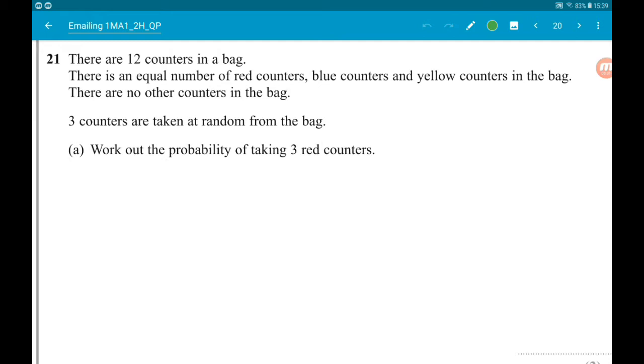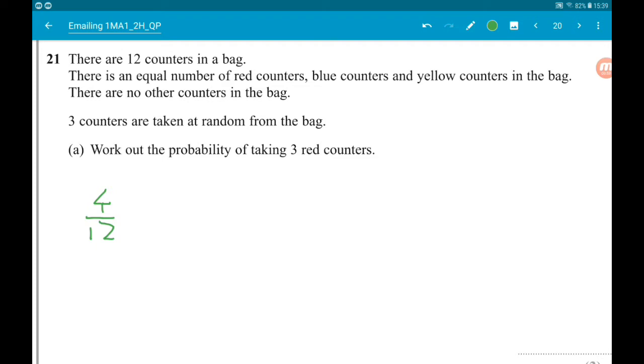Okay, so 2 marks. So when we pick our first counter, the probability would be 4 out of 12. Now when you're doing successive events like this, you multiply the probabilities together.